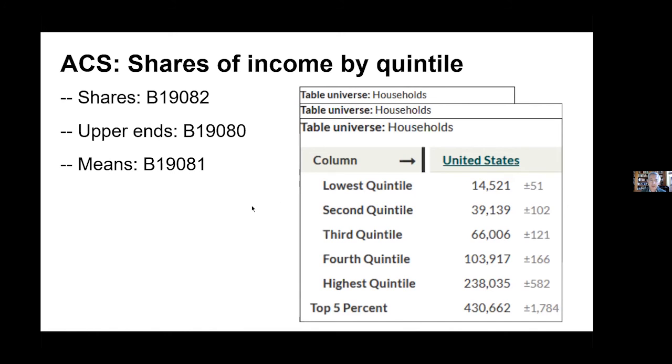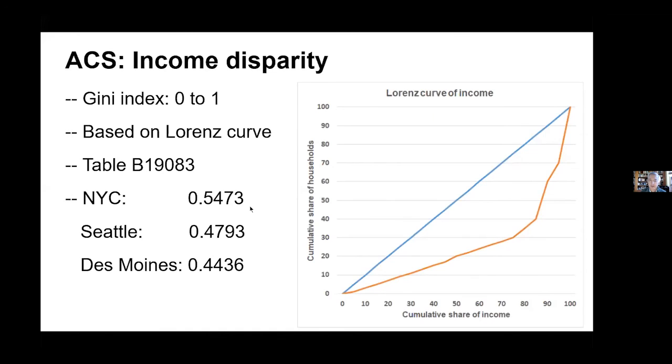And then one more key idea for income inequality is that the Census Bureau computes what's called the Gini Index for all of these geographical areas that are reported in the ACS. It takes the income and categorizes it in this sort of Lorenz curve.